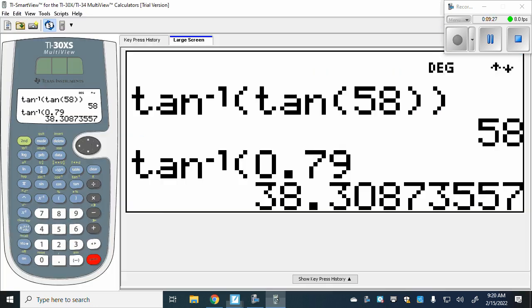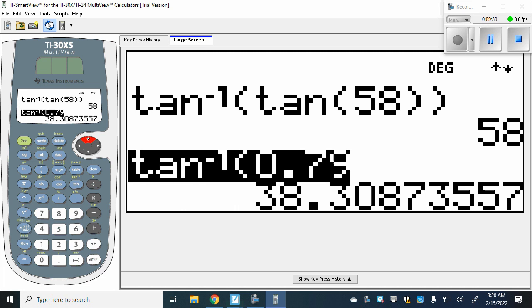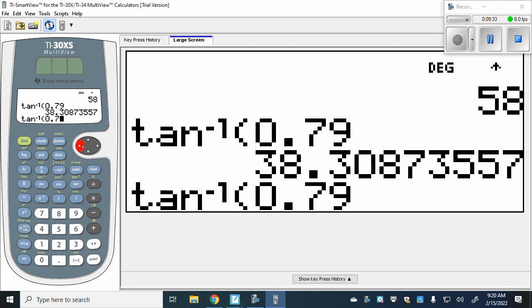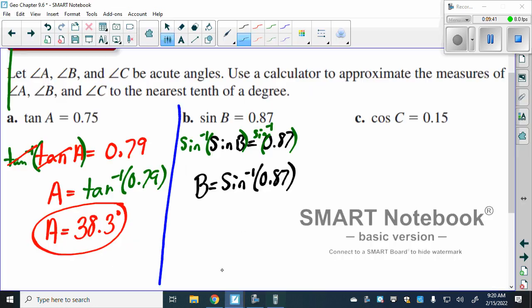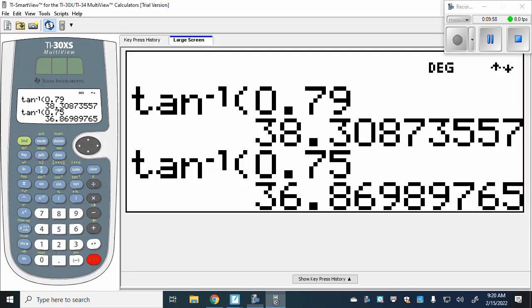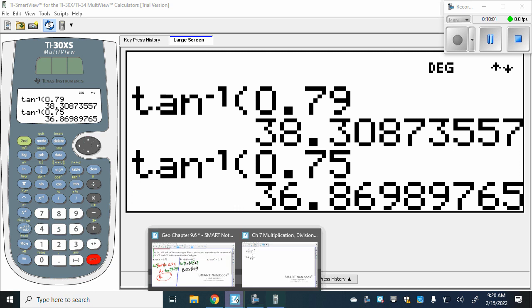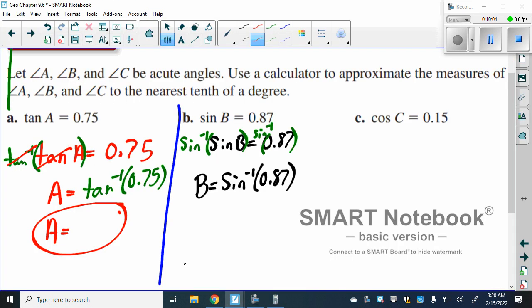Let me go back. So 79 is what I plugged in when we needed 75. 36.86. Let's fix that. Go 75. 75, 36.86, exactly 36.9.